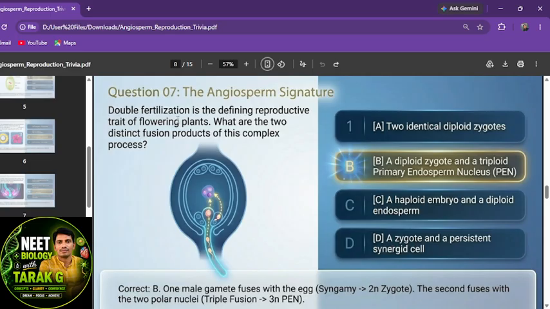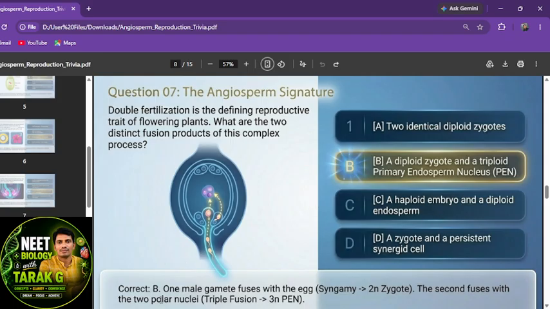So in this process, the two distinct fusion products are a diploid zygote, right, and a triploid primary endosperm nucleus, which is the 3n PEN. These two are formed, and that's the reason it is called double fertilization.